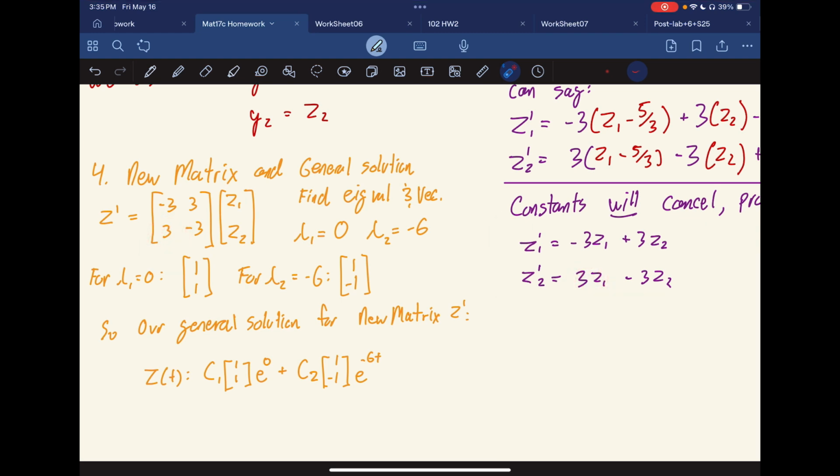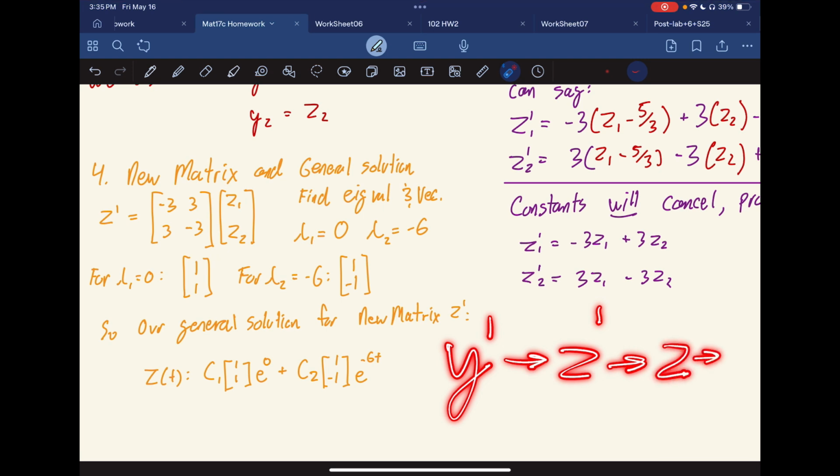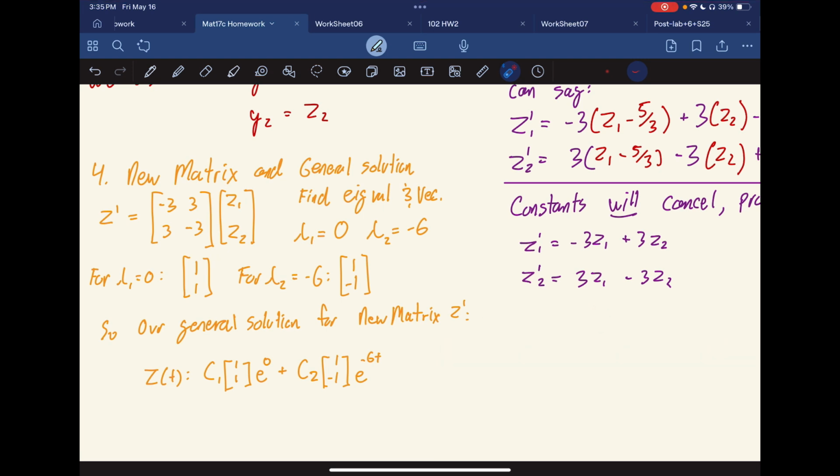And we want to find the general solution of this matrix. Remember that we're going from terms of y to terms of z, to z solution, to y solution. It's like a whole cycle of z's and y's where you're making your own system.